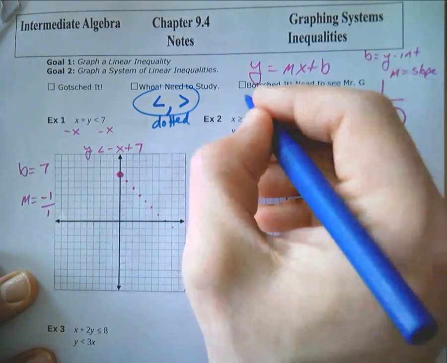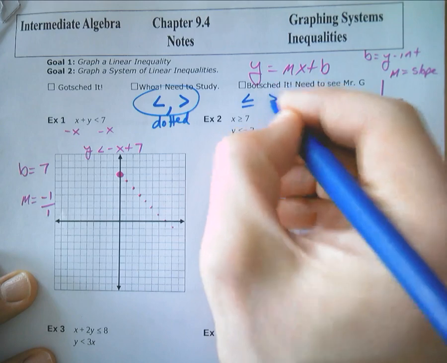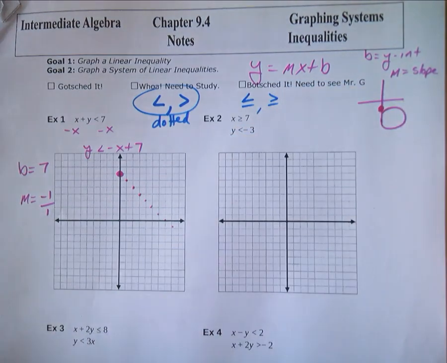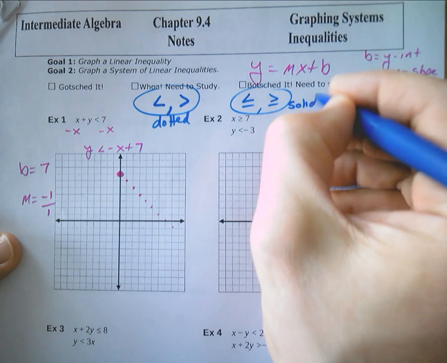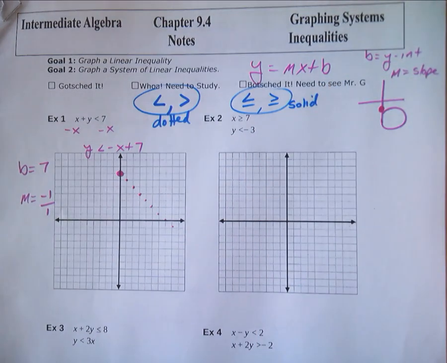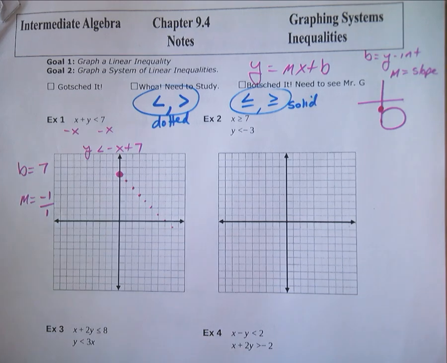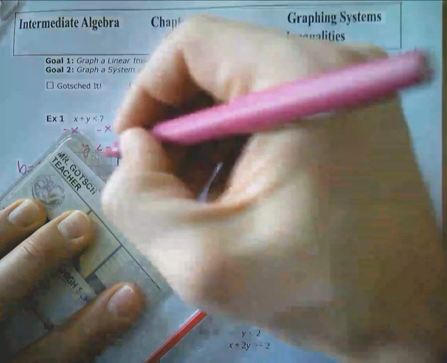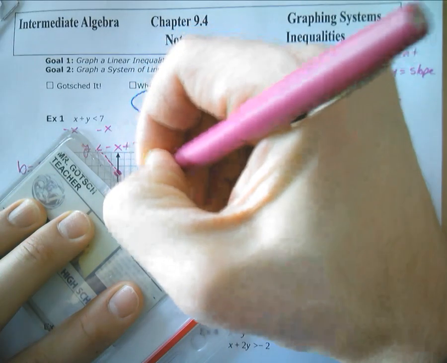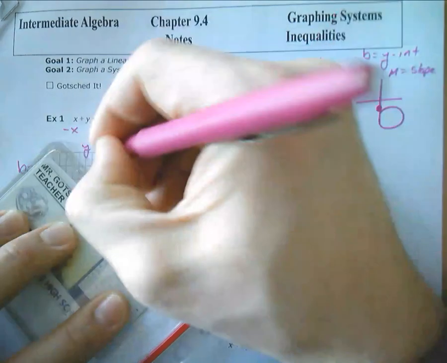Versus if I have less than or equal to, greater than or equal to, with that little bar on the bottom, which is like a bracket on a number line, those are going to be solid. So less than or greater than is a dotted line. Then for less than or equal to, greater than or equal to, we'll use our little MyMathLab tool to draw a line. It's pretty easy to do.